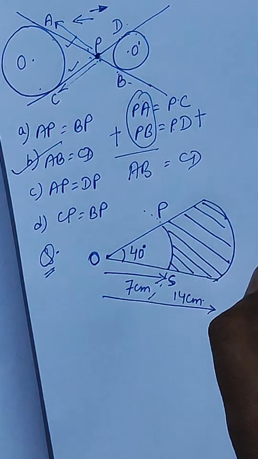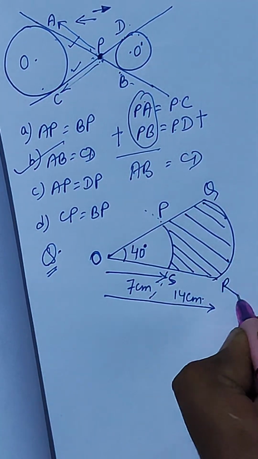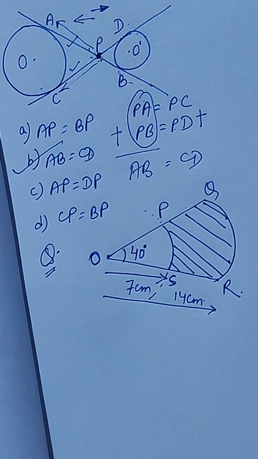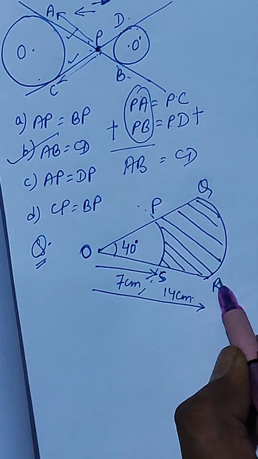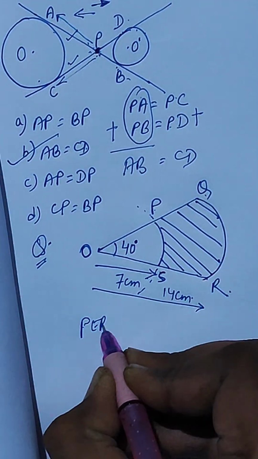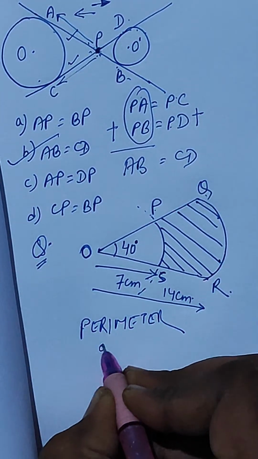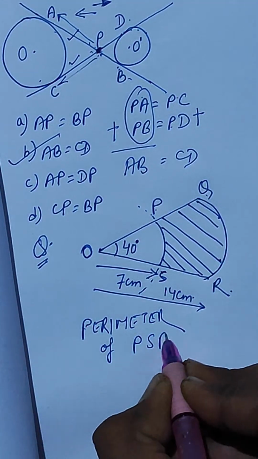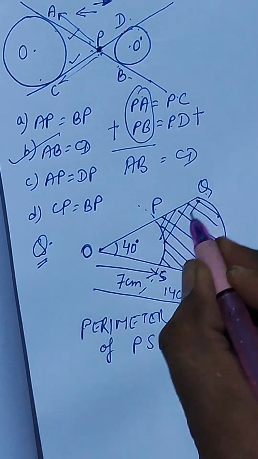This is O, the center, and this is Q, and this is R. Then what is the perimeter of the shaded area PSRQ? The perimeter of PSRQ, this shaded area, is what we need to find, right?